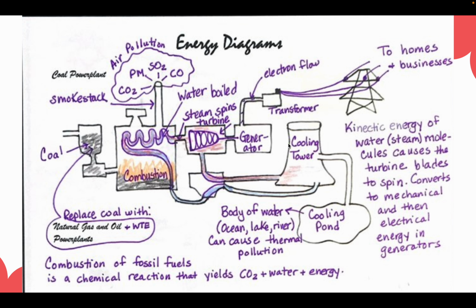All right, so this is why a lot of fossil fuel plants will be near bodies of water like lakes or rivers. Because they need access to water to create this steam in order to get this turbine to spin, in order to get this generator to run.